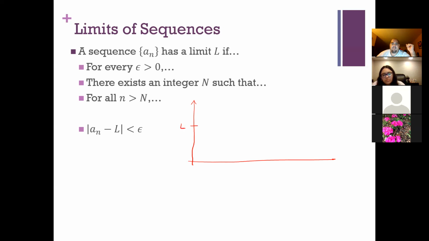So basically, if I can graph this out a little bit, let's say my limit is L. And let's say I have this little corridor here, where this right here is L minus epsilon, and this right here is L plus epsilon. I'll draw dashed lines for all three of these things.